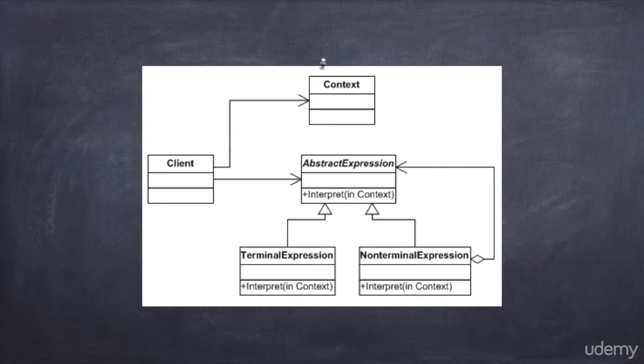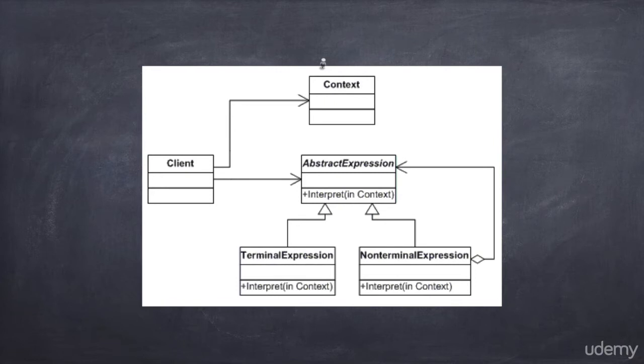Okay, back to the classes. The abstract expression acts as the base class for all other expression classes in the language. You can see that there are two classes derived from abstract expression. They are terminal expression and non-terminal expression. These correspond to the two types of expressions we just discussed.